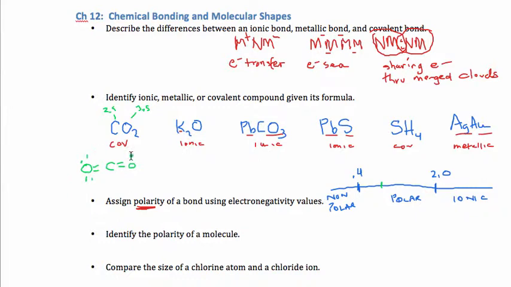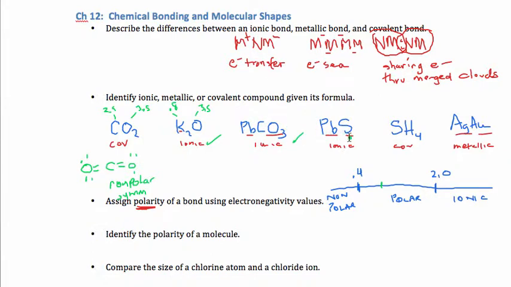So the CO bonds are polar, but the overall molecule is nonpolar due to symmetry. For K2O, potassium has an electronegativity value of 0.8 versus oxygen's 3.5. So we would definitely call this ionic.